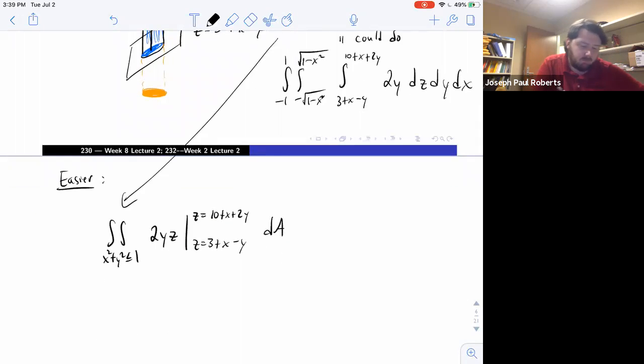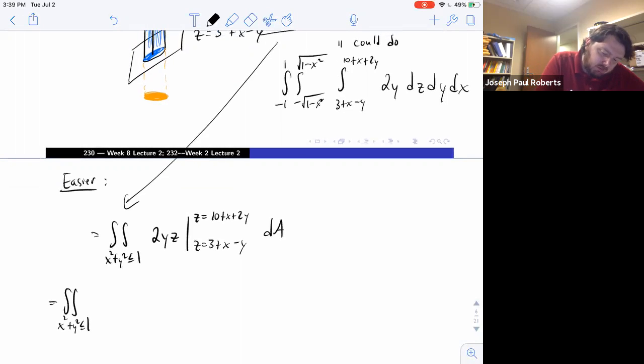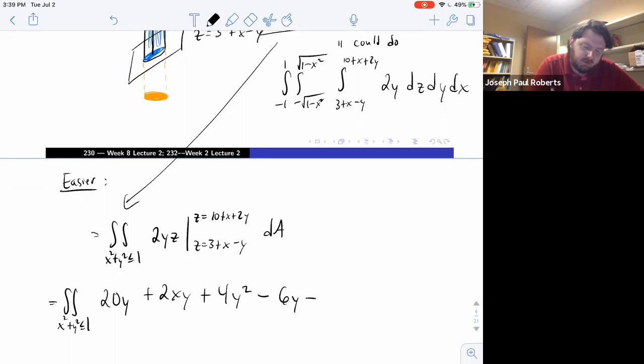And when you do all this out, I'm going to get the double integral on the disk of 20y plus 2xy plus 4y squared, and then minus 6y minus 2xy, and then plus 2y squared.